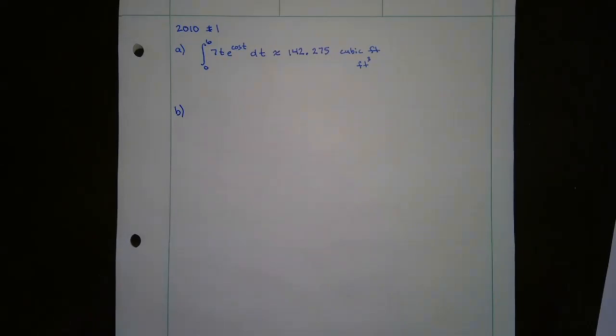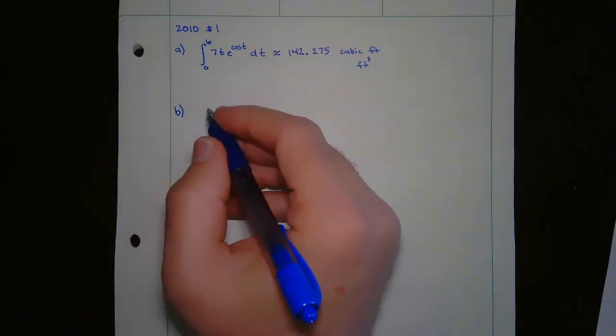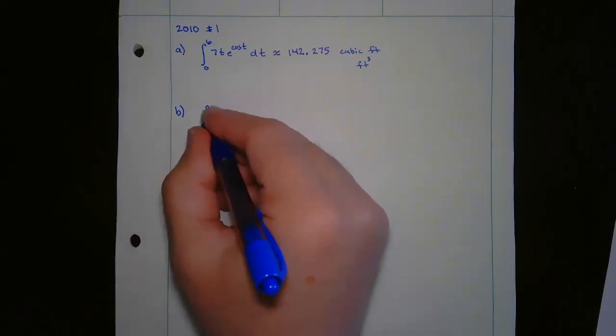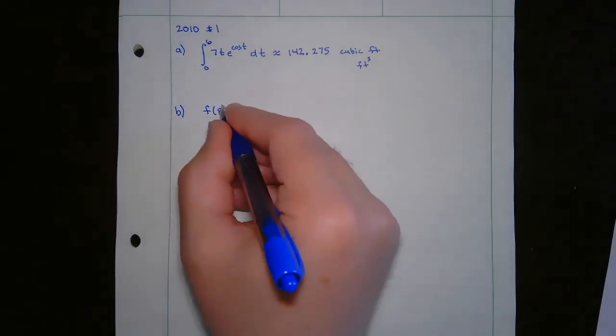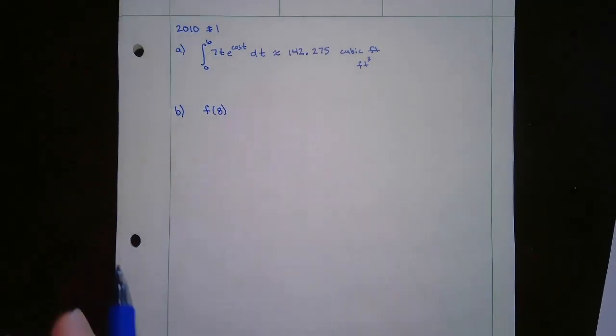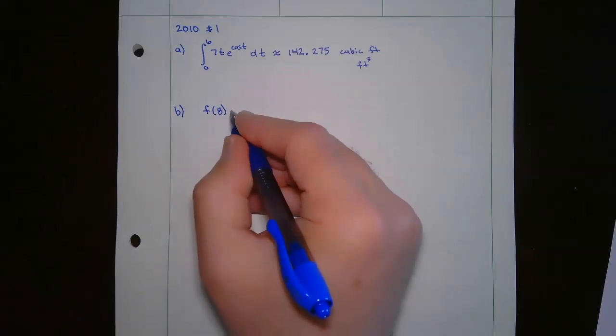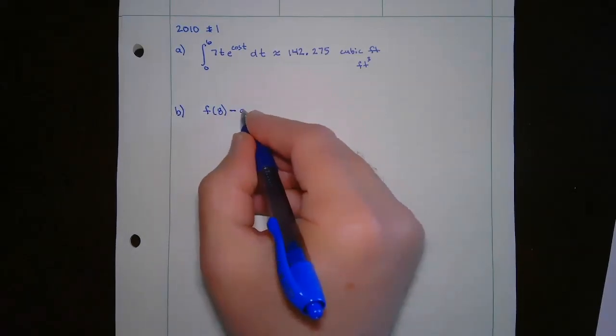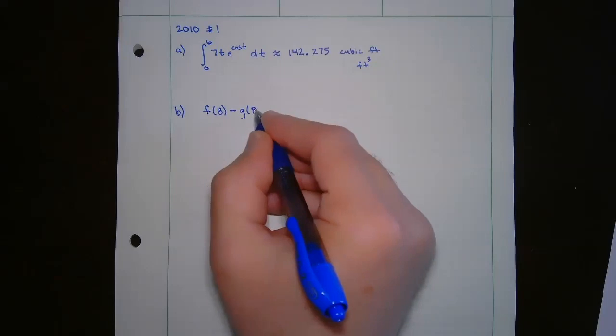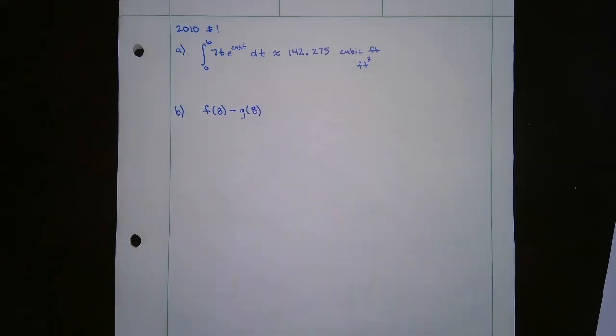So for part B, the rate of change of volume of snow on the driveway at 8 a.m. would simply be F of 8. That's the rate it's being put onto the driveway at 8 a.m., and then minus the rate at which it's being removed. Because if you combine those, you get the rate at which the volume of snow is changing at that moment.